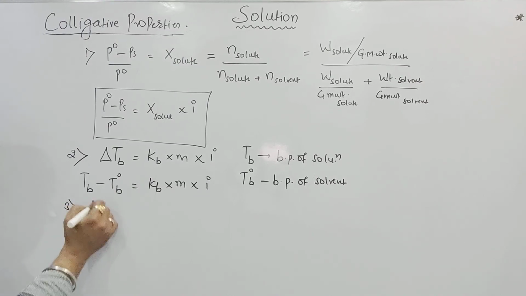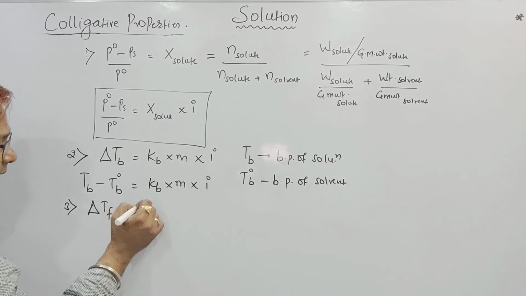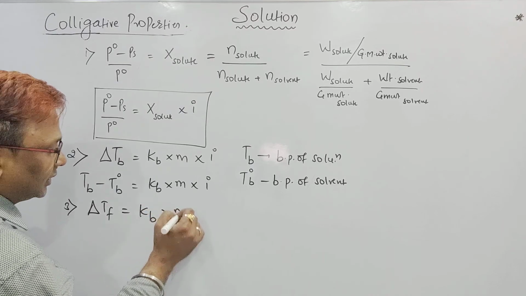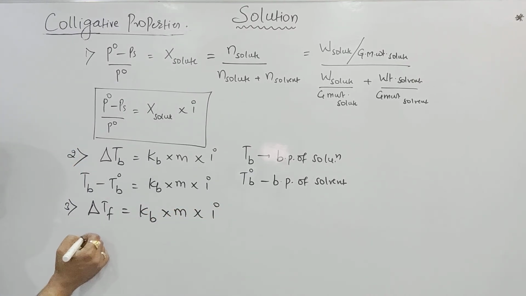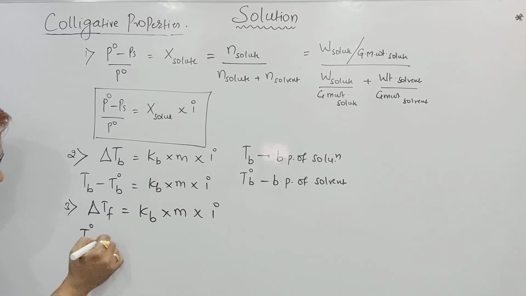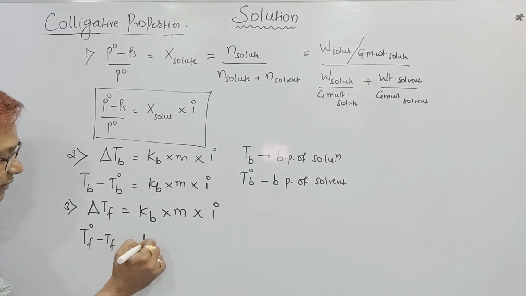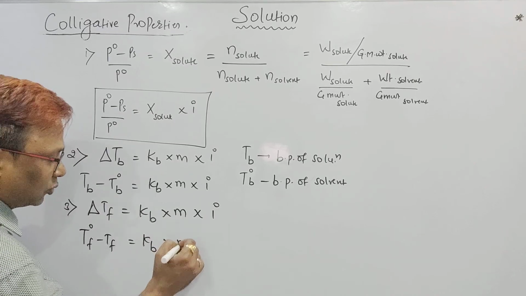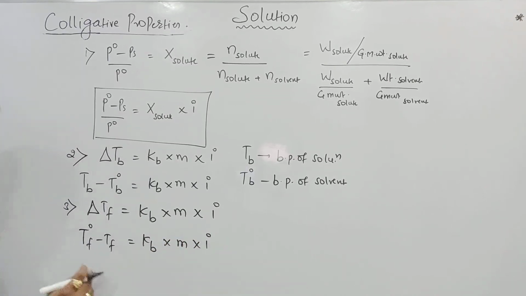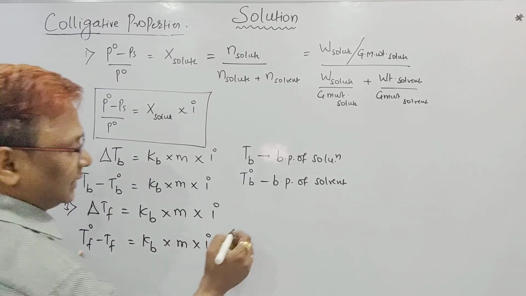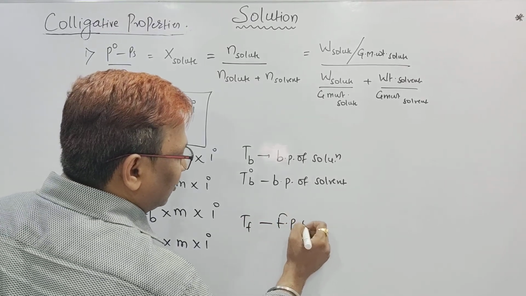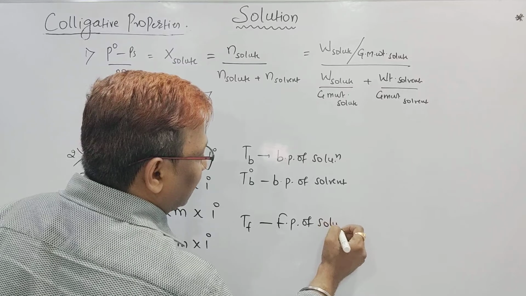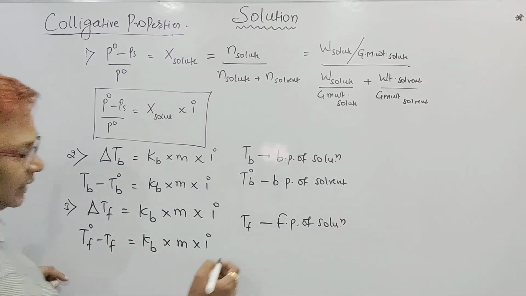Third one, I told you delta TF is equal to KF into molality into i. Delta TF can be written as T naught F minus TF, equal to KF into molality into i. But what is T naught F and what is TF? TF is the freezing point of the solution, whose value is smaller than T naught F, beta.